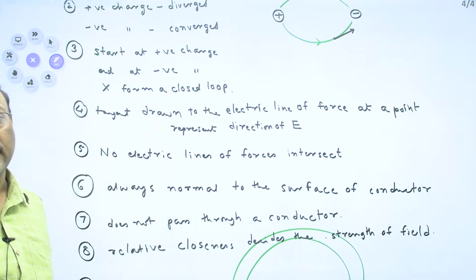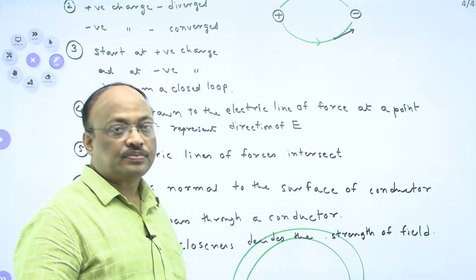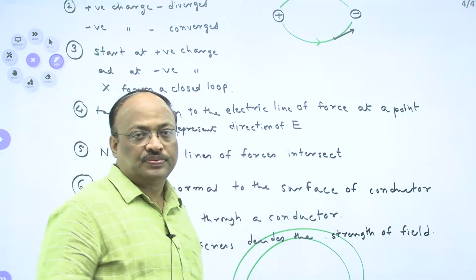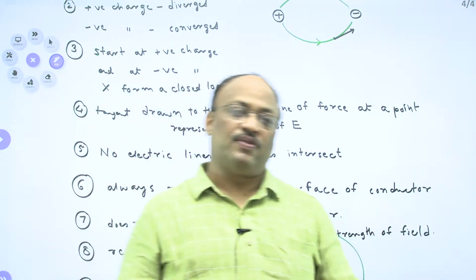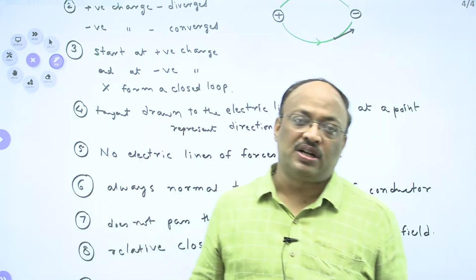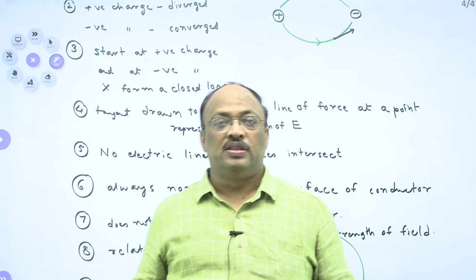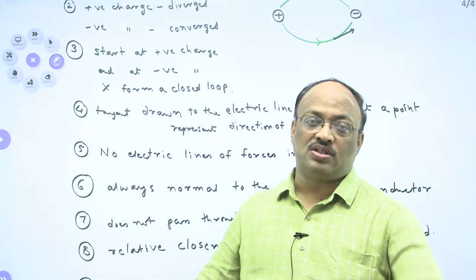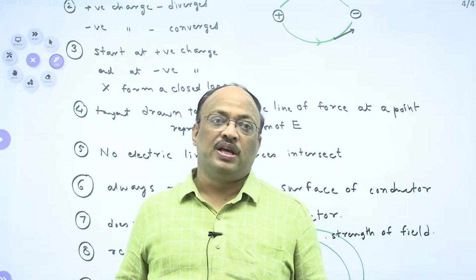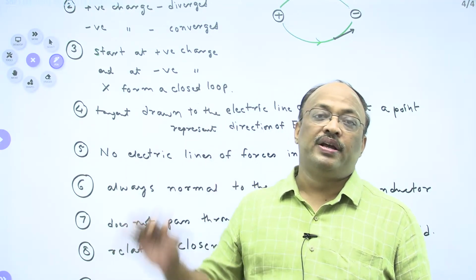The closer the electric lines of force, the stronger the field. The lengthwise contraction of the electric lines of force shows there is a force of attraction between the charges. The lateral pressure on the electric lines of force represents that the two charges are repelling each other.